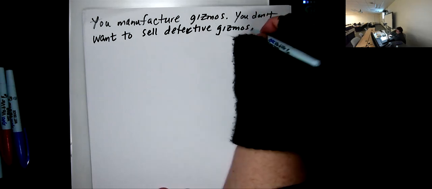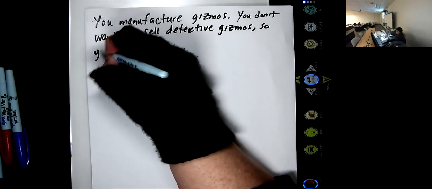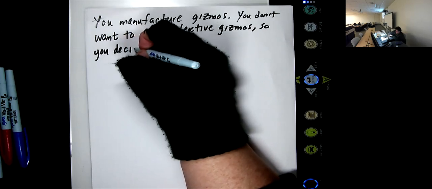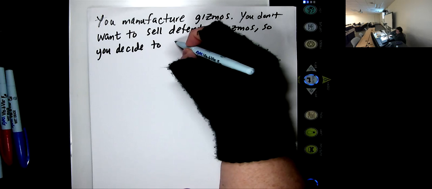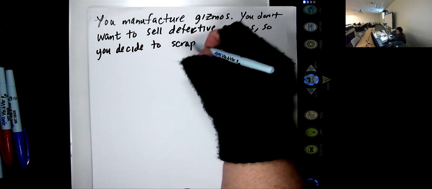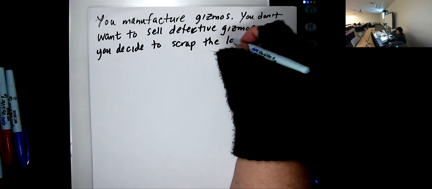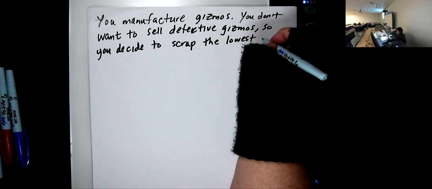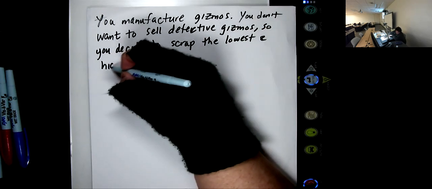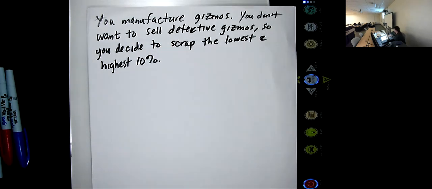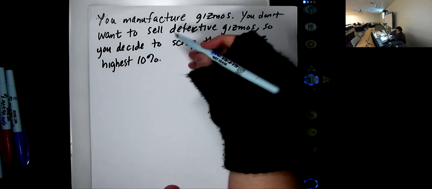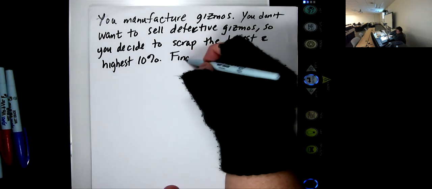So you decide to scrap the lowest and highest 10%. Find the Z-score cutoffs.